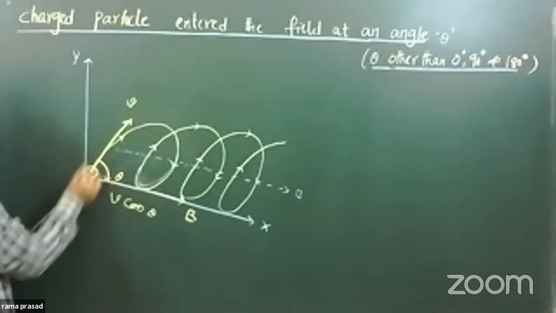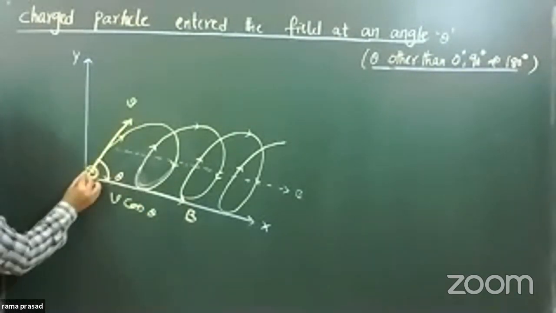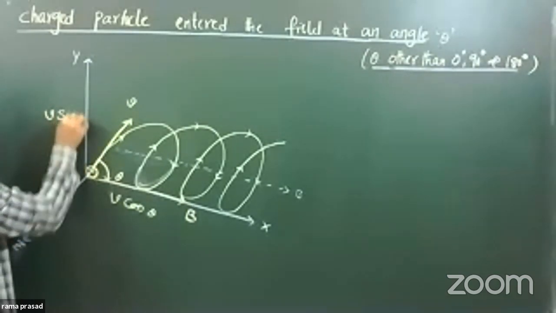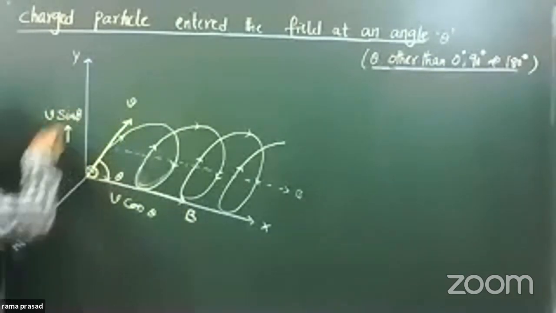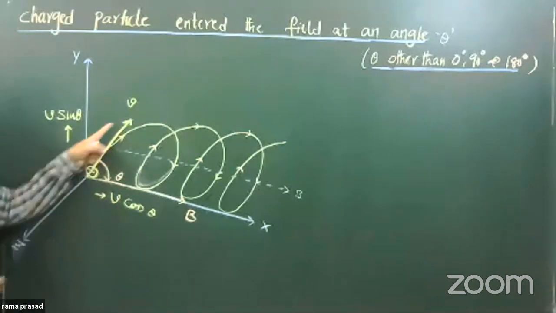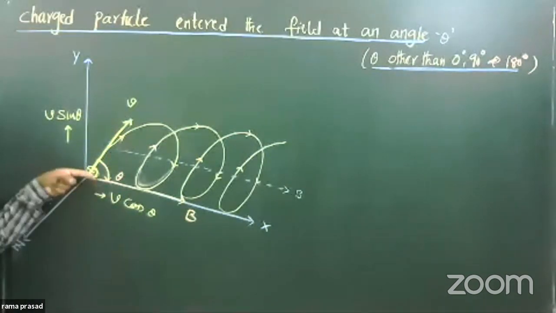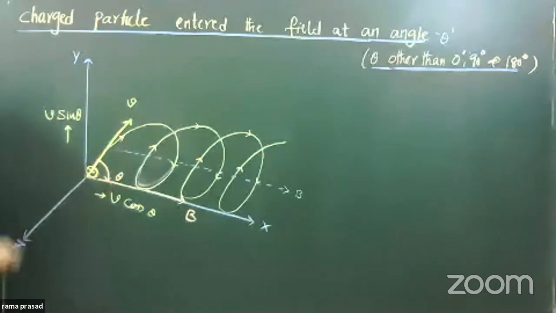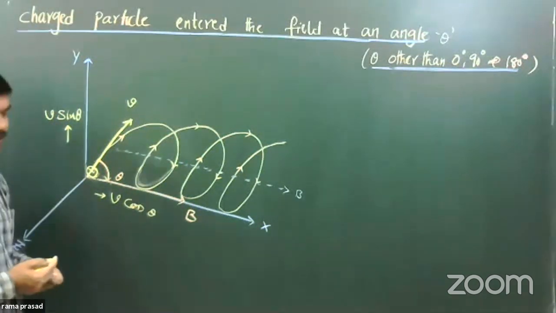Its component in the direction perpendicular to the field is v sin theta. This velocity component along the field direction is v cos theta, perpendicular to the field direction is v sin theta. Okay.